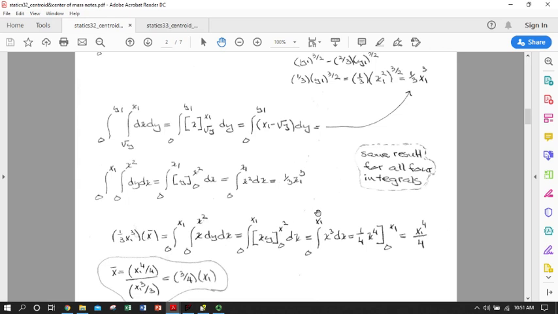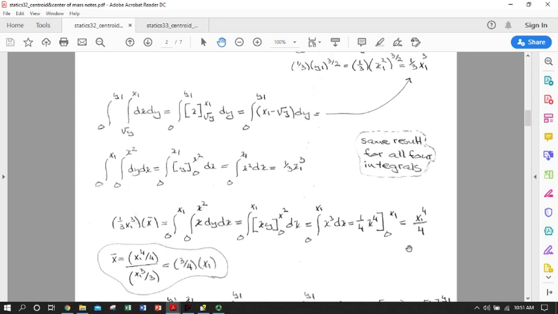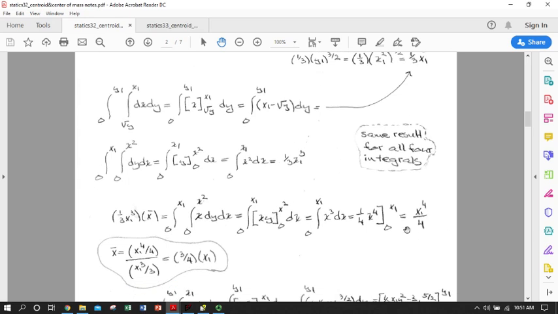It's defining one boundary of the function area for which I'm getting the centroid. So the bigger that x1 is, the further to the right my centroid is going to shift. So I get x1 to the fourth over 4 coming out of my x dA integral.